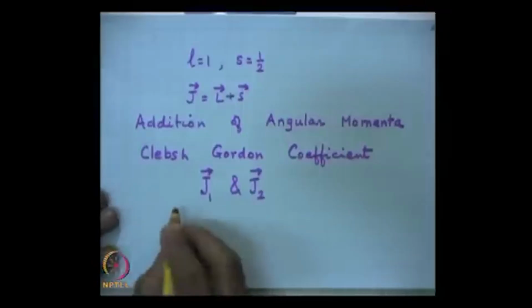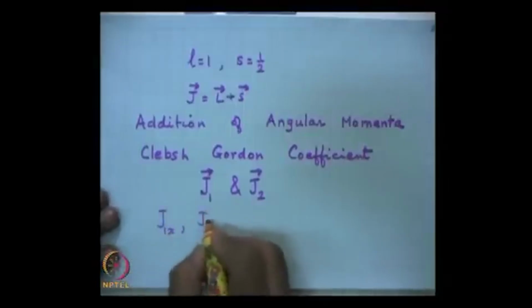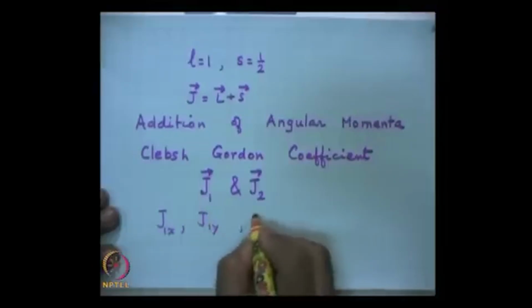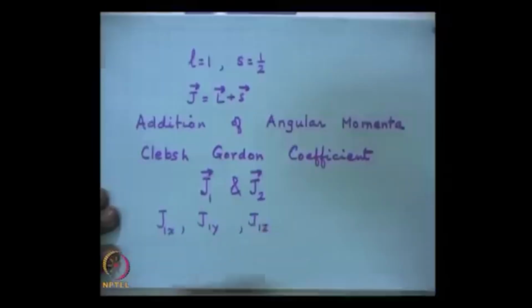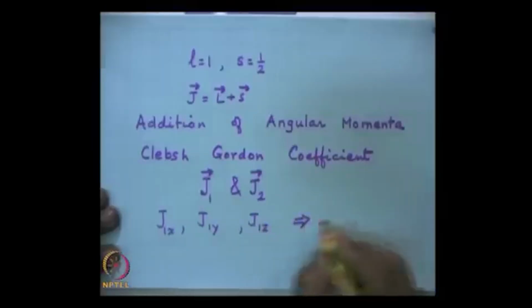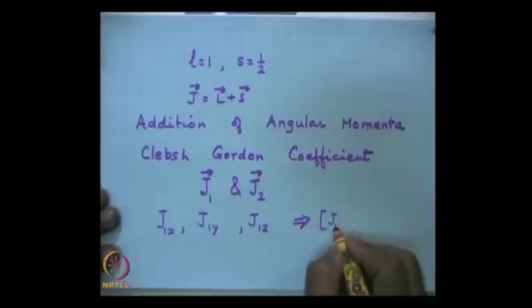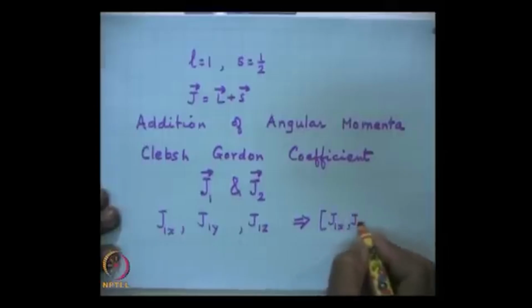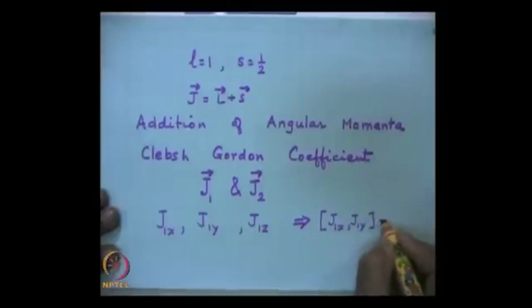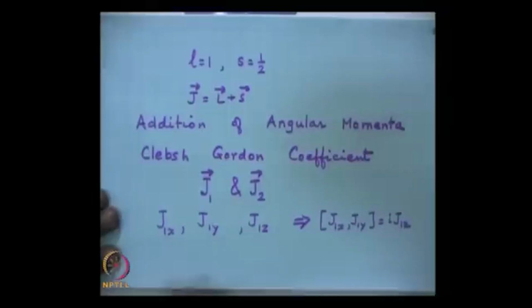By this we mean that we have J1x, J1y and J1z, and these satisfy the same commutation relation that we had discussed earlier, that [J1x, J1y] is equal to i h cross J1z, but h cross is 1.